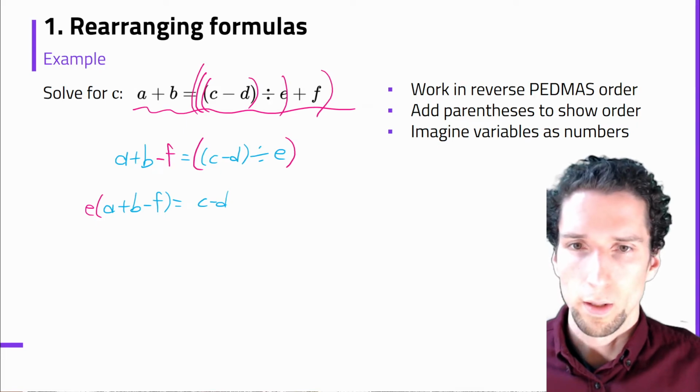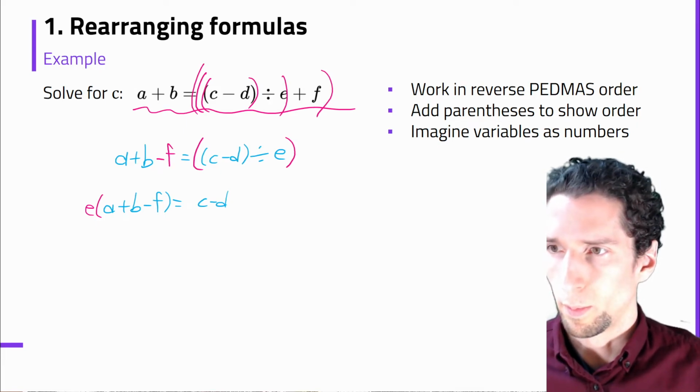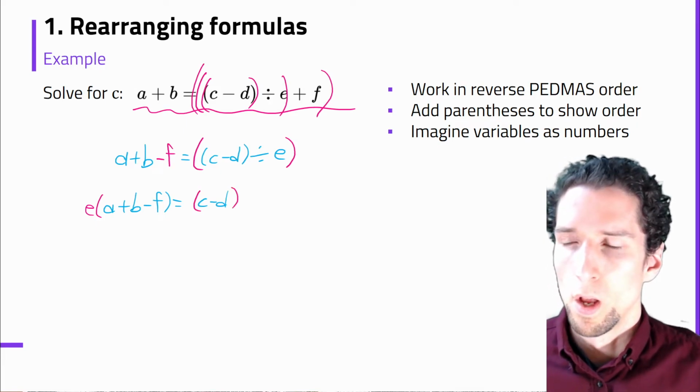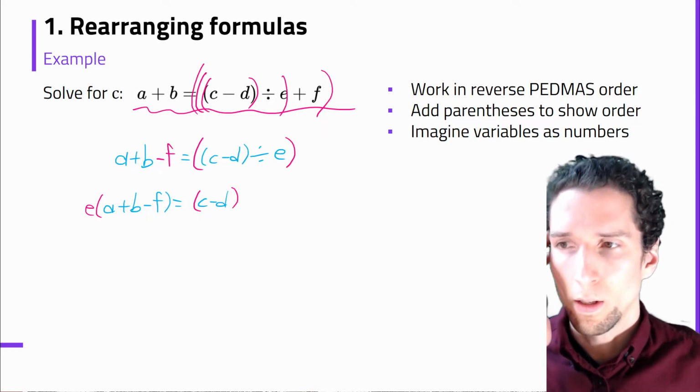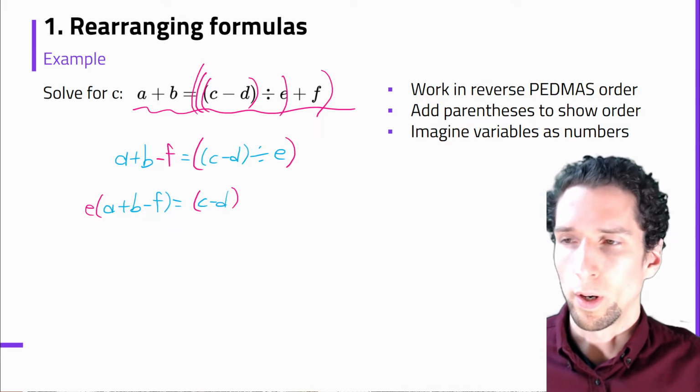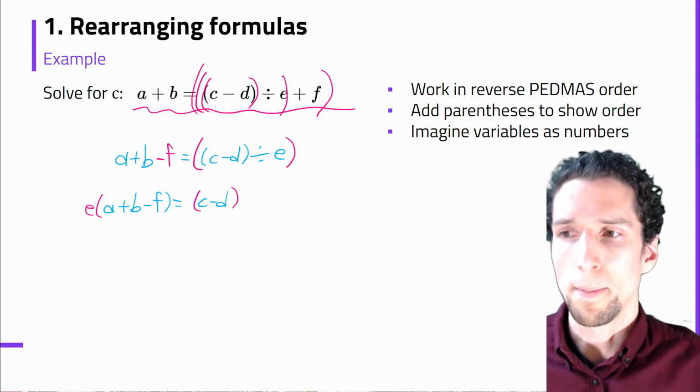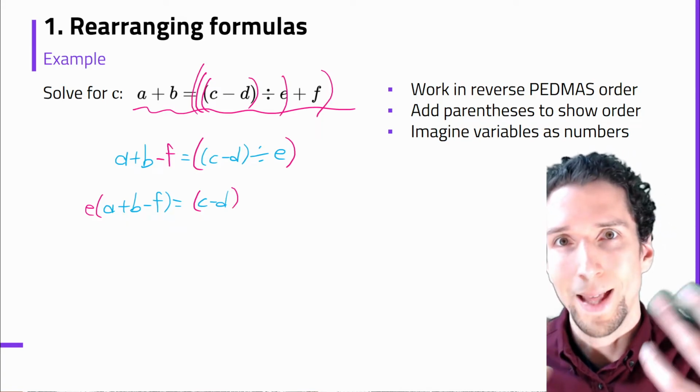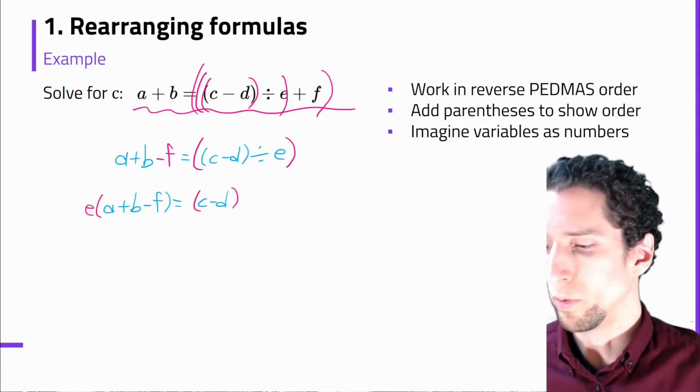Well, okay, I'll write them in red here. Now we have the final set of brackets, connected to C or impacting C, and so with C minus D, we just add D to move that over.